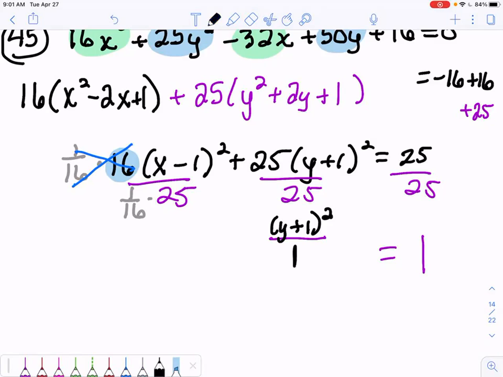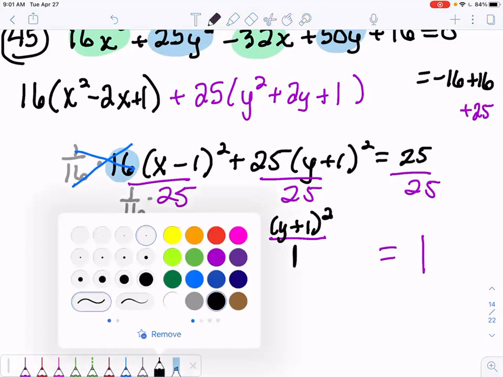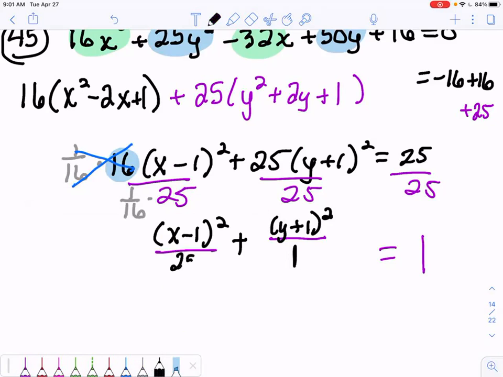So now we have x minus 1 squared. And then the denominator becomes 25/16. So anytime you're multiplying by a value in the numerator, you are really dividing by that value in the denominator.